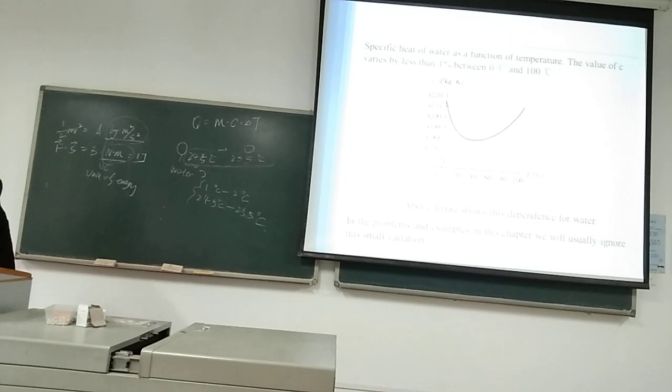The minimum is about 4,108 joule per kilogram per Kelvin, and the maximum is about 4,220. In the problems and examples in this chapter we will usually ignore this small variation because it is less than 1%. So even though it varies, we treat it like an ordinary constant.